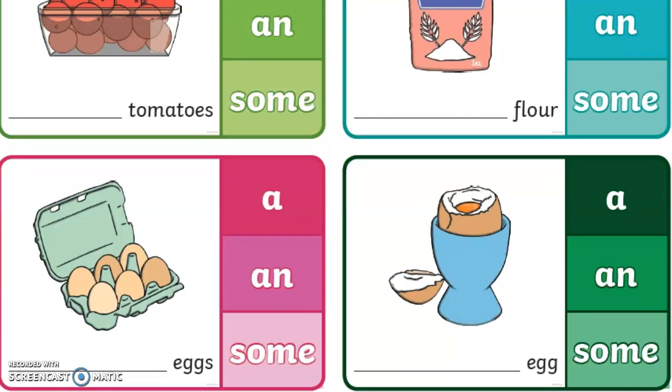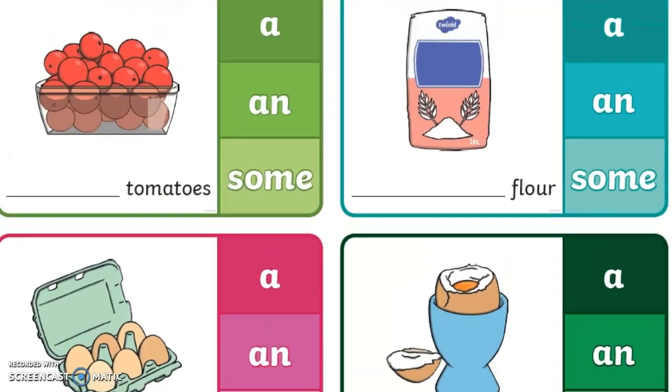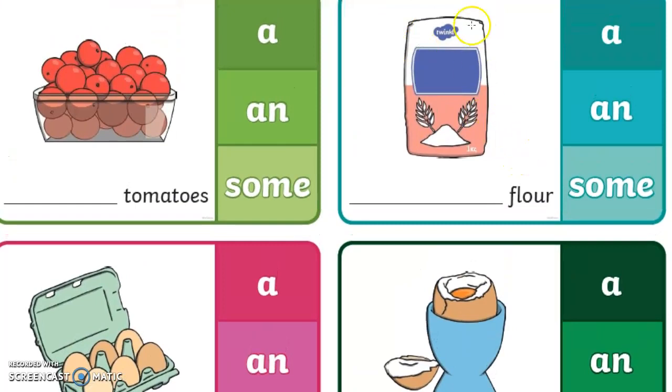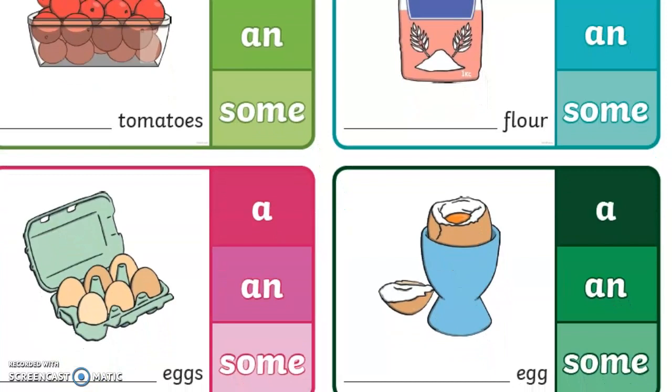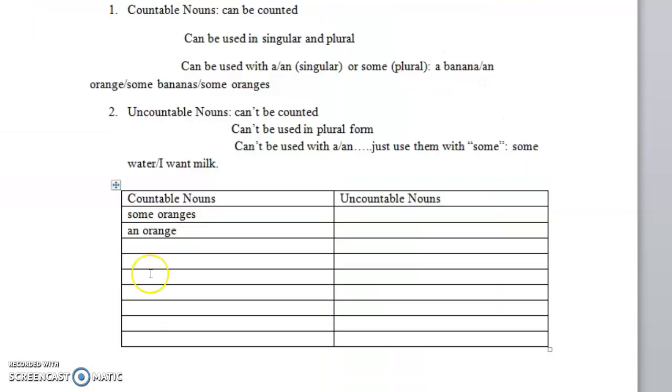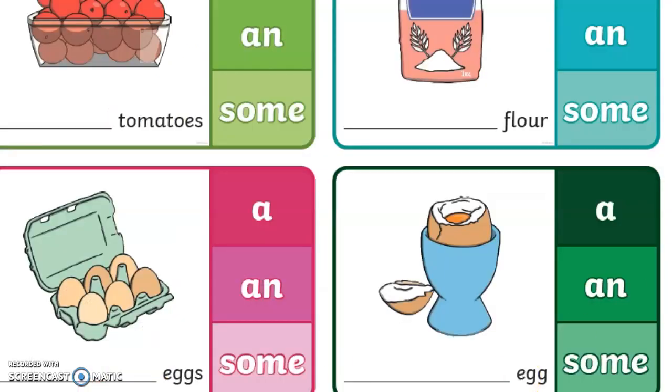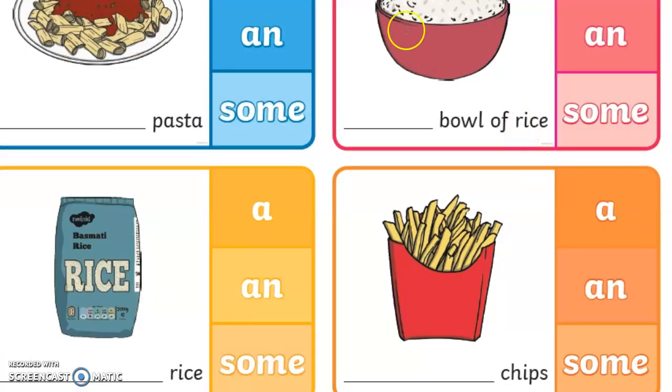We have tomatoes, flour, eggs and egg. Each one of these nouns should be used with either a and some, and then it should be put in the table under countable or uncountable. Okay? So you pause here, you write the answers, and then you continue.